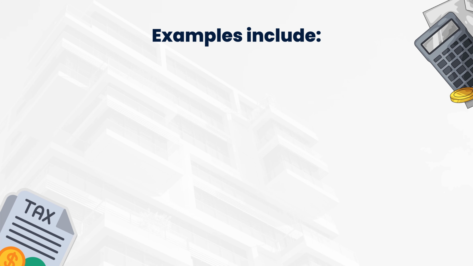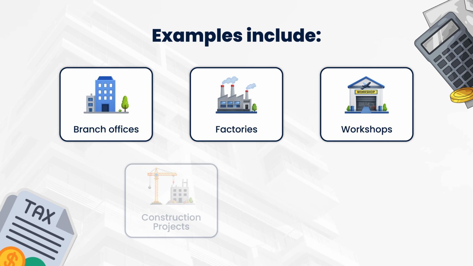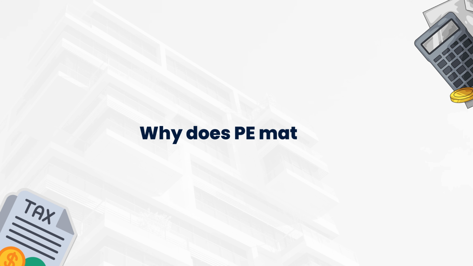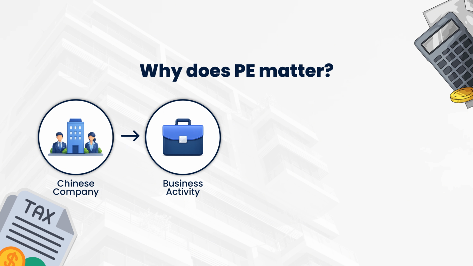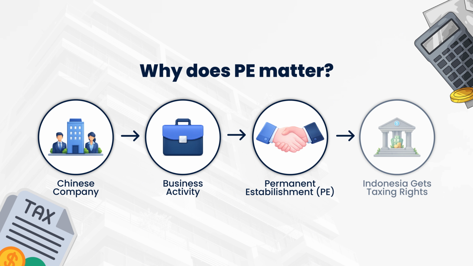Examples include branch offices, factories, workshops, construction projects, and certain services under specific conditions. Why does PE matter? Because if a Chinese company is deemed to have a PE in Indonesia, then Indonesia has the right to impose tax on the business profits arising from those activities.